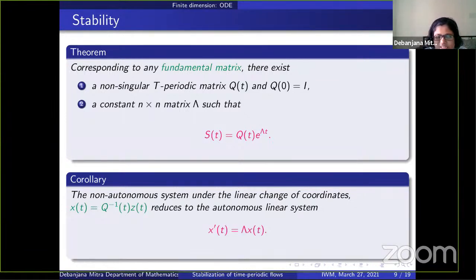So it depends which information is easily available. Suppose you know the trajectory and can find your Poincaré map easily, then maybe the second one is more doable. And in some cases, suppose the fundamental matrix S(t) is easily available, then this change of variable formula and this approach may be useful.